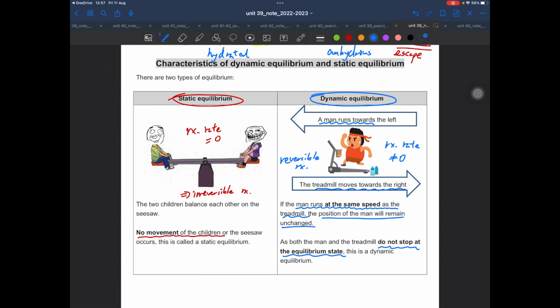Every day you spend money, but every day your parents give you money back. So eventually you have money in and money out, but the money inside your pocket remains unchanged. This is another interpretation of dynamic equilibrium.